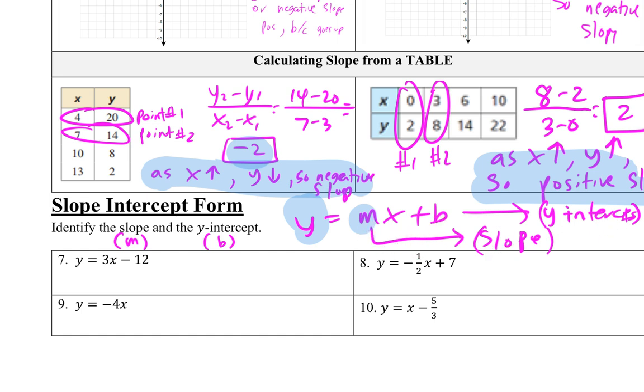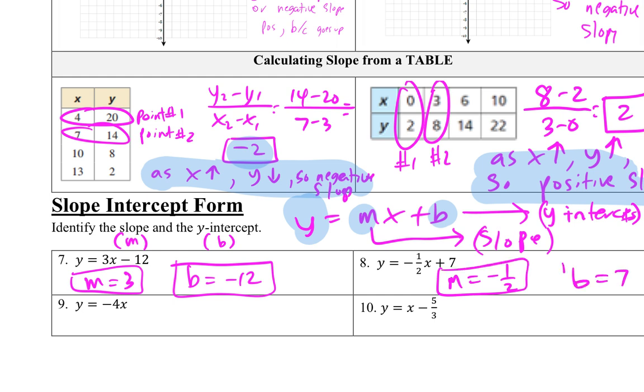Okay, so on this one, we're going to say m equals the number in front of the x, right? So that is 3. Okay, the y-intercept b equals negative 12. Right? The b value is the number that's by itself. Okay, so on this one, m equals negative 1/2.